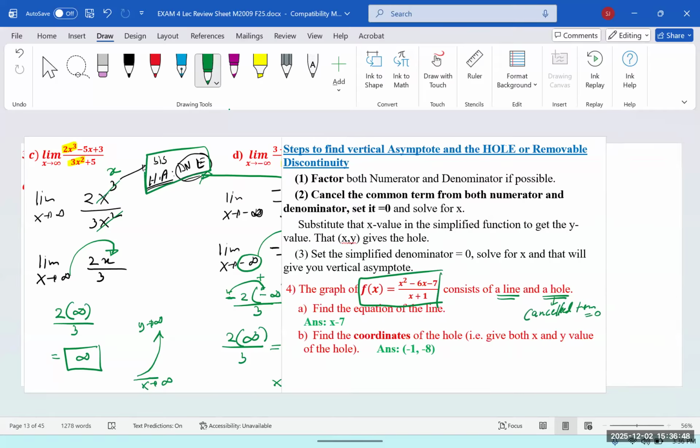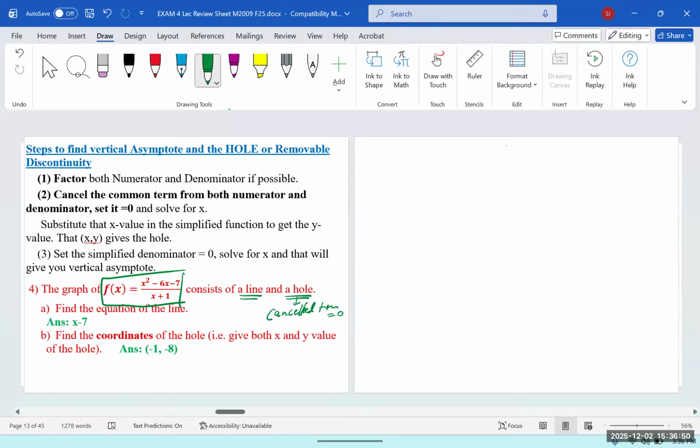So basically they are saying, hey, simplify this. So we have f of x equals x squared minus 6x minus 7 over x plus 1. So first we need to simplify.